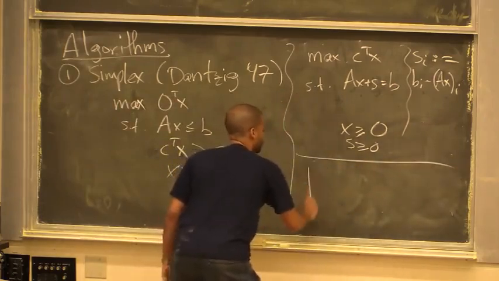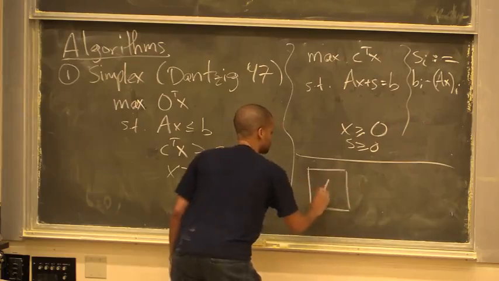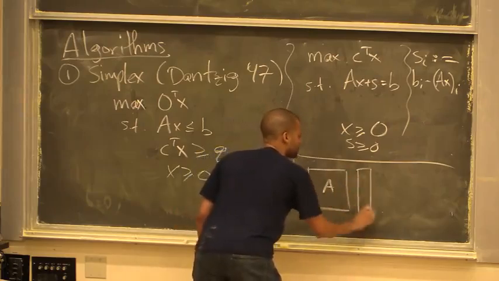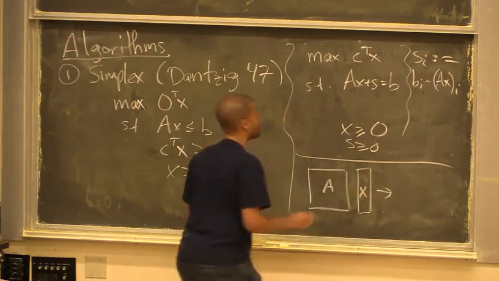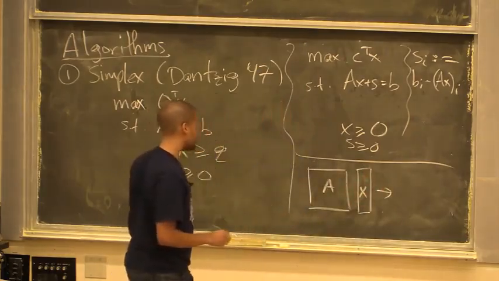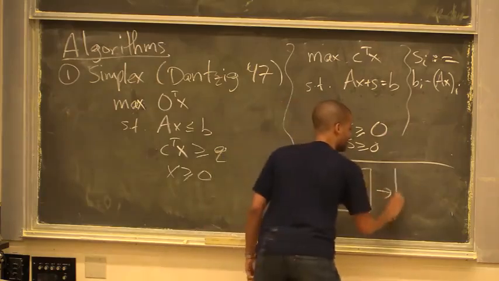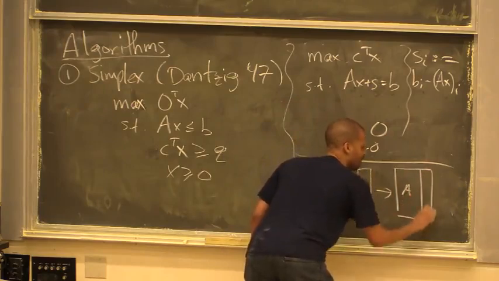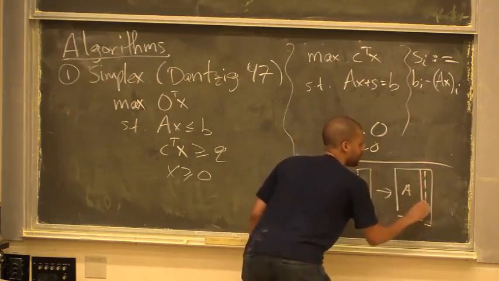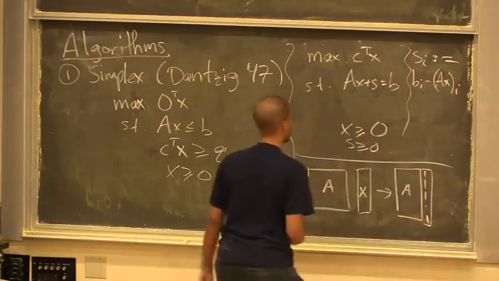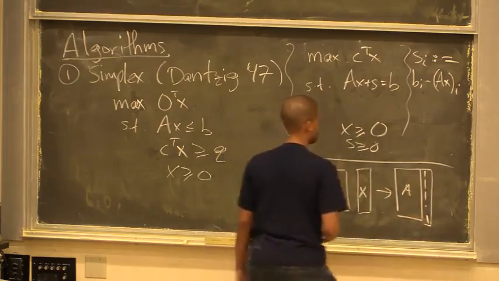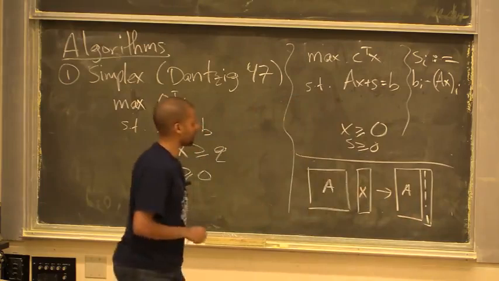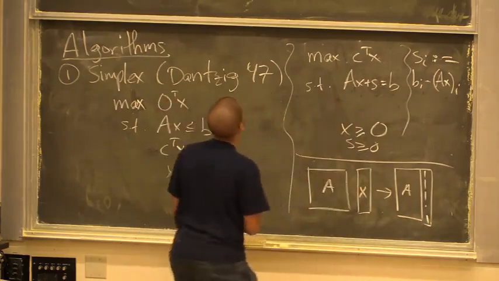Before I had A, and I had x, and now what I have is A together with an extra column that's 1, 1, 1, 1. And here what I have is, or actually it's more like the identity matrix. Actually, let me give myself more space.